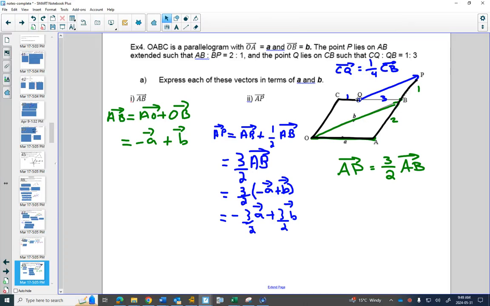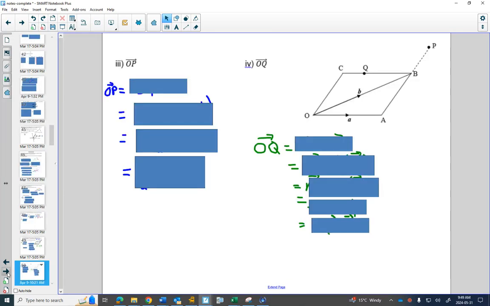We'll do it easier. Part 3 says, can you find O to P and O to Q?